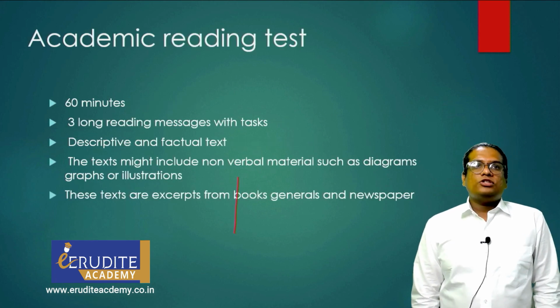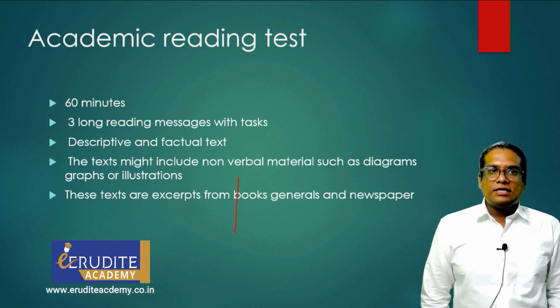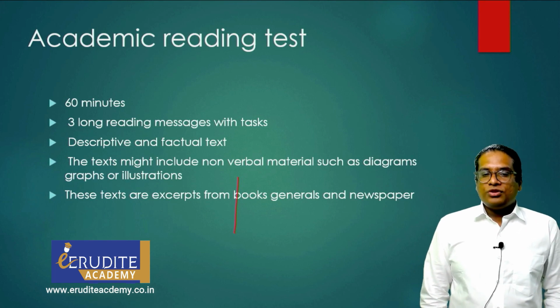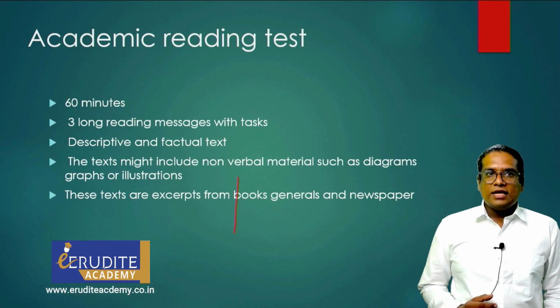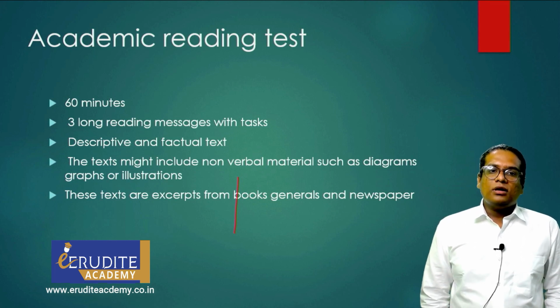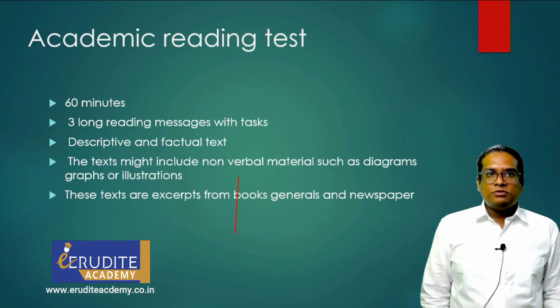Now let us look into the academic reading test. The academic reading test is 60 minutes. It has 3 sections, and the difficulty level in these 3 sections is in ascending order. The nature of the reading passages in academic reading can be descriptive and factual.